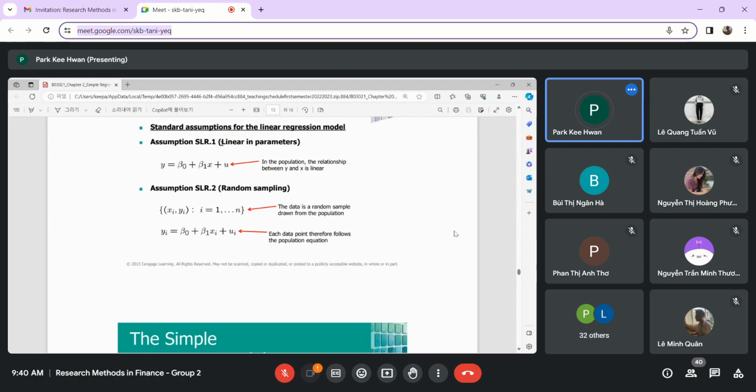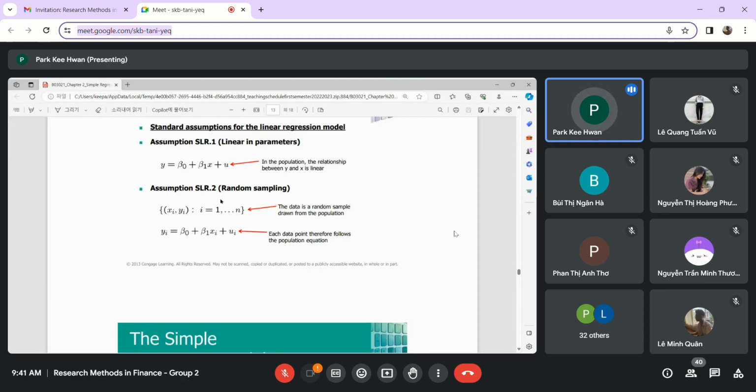Assumption one says that the relationship between y and x is linear. So if you look at this linear model, it says we assume that the relationship between y and x is linear. Okay, so that's assumption one. We are assuming a linear model.